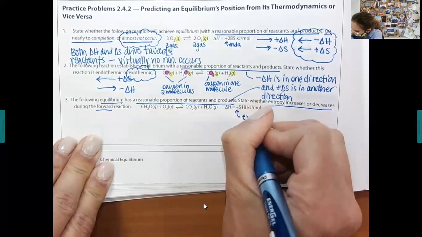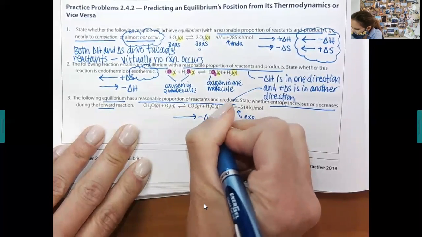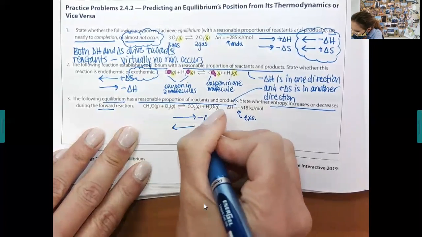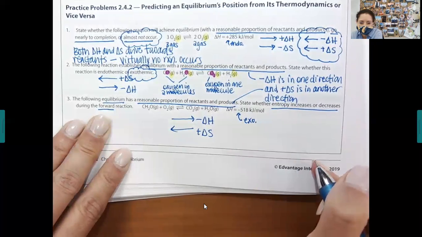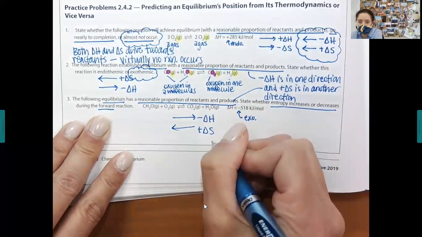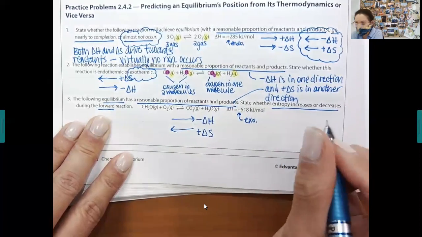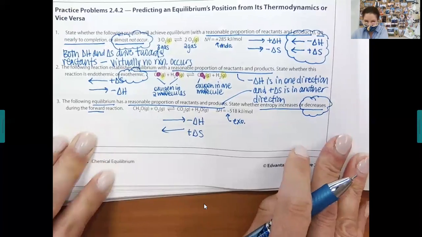So you've got your exothermic reaction in this direction because your delta H is negative. So that means that you have to have your positive delta S going in the opposite direction. So if your entropy is increasing in the reverse direction, then that means that the entropy has to be decreasing in the forward direction. And that's it.